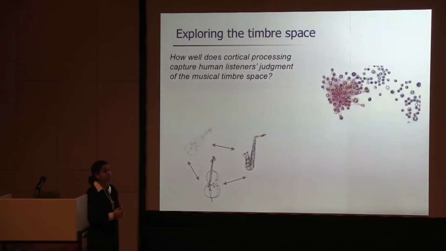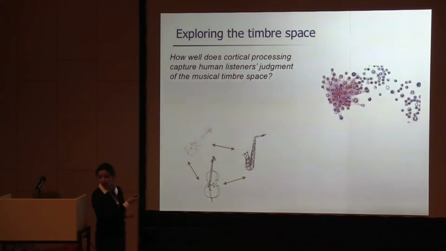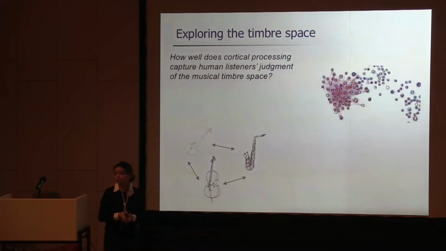So we wanted to ask the same question. Using these same features, now we know that we are almost 100%. That means when you map the sound through these cortical features, you can tell a violin from a cello from a saxophone. But do they map onto a space that corresponds to the perceptual space that we know humans judge the distances between these instruments?